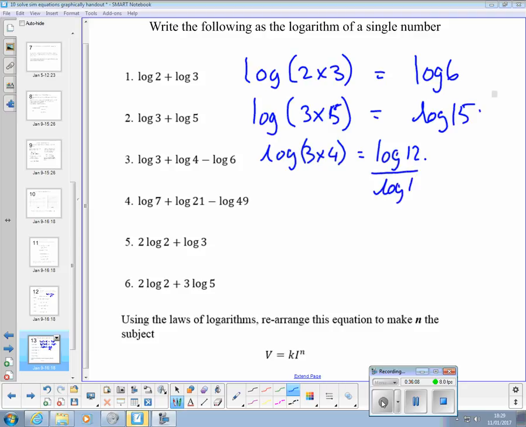Ain't the log of one number though, is it? Not the final answer, is it?